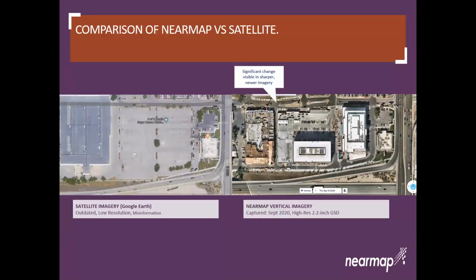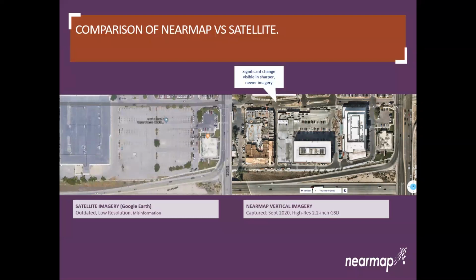Now, I just want to do a quick comparison with some standard, freely available satellite imagery on the left. It is actually a little bit outdated. It's definitely a lower resolution, and we can see some incorrect labeling as well as ground features that are present or not present in the left image. And on the right, we have NearMap's vertical imagery.